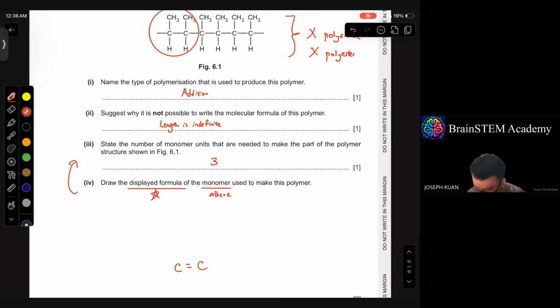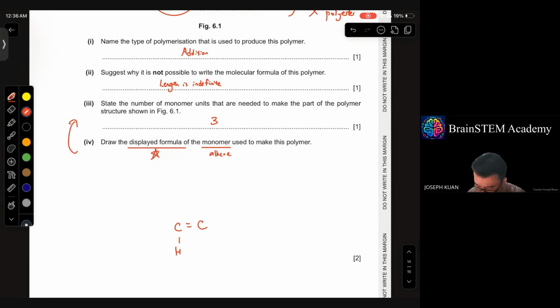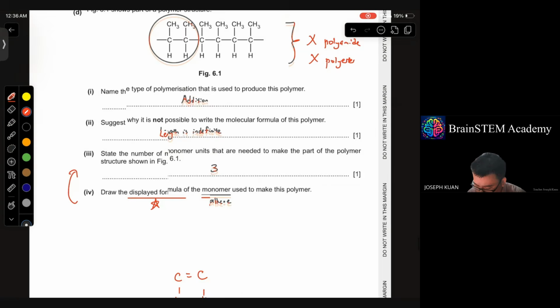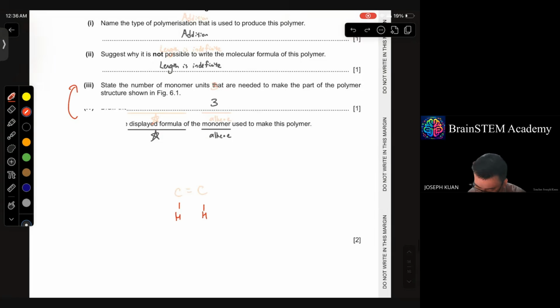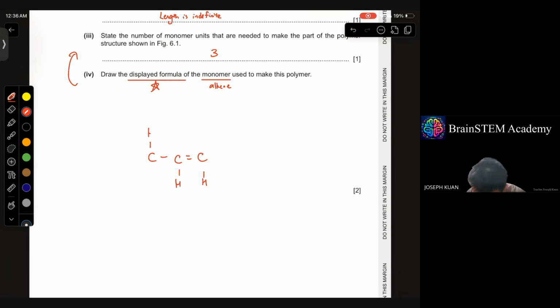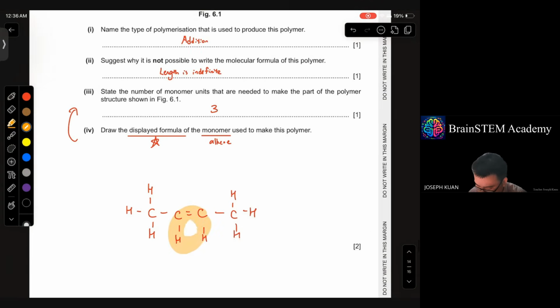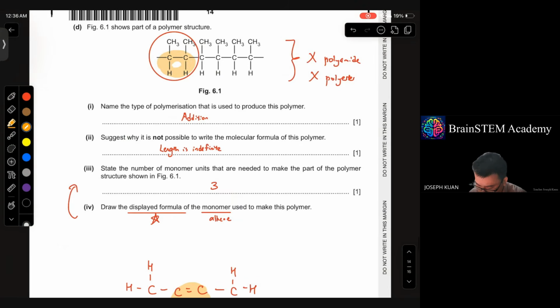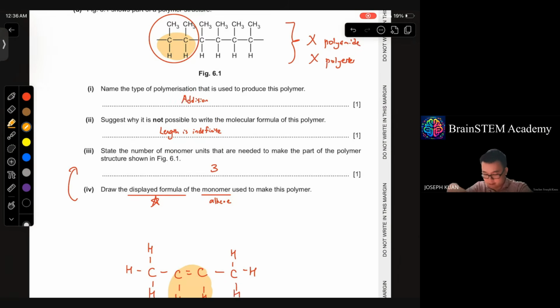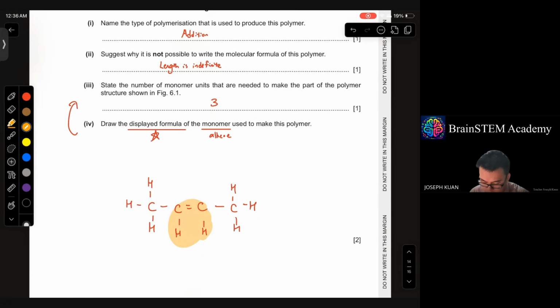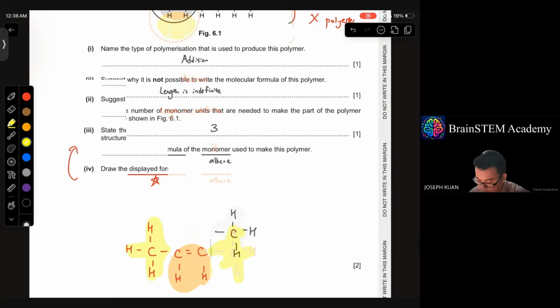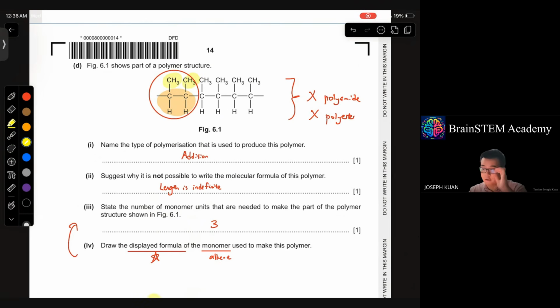So we have to draw this and show this CH3. We have to show all the bonds. What I'm drawing here is that this section came from this section. We just put the single bonds back. And these two arms actually came from these two structures, CH3, CH3.